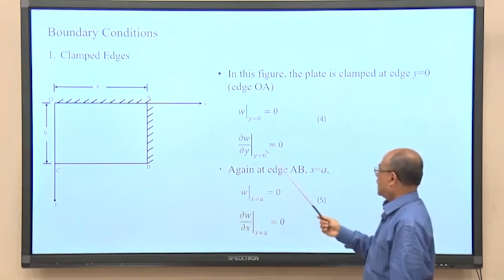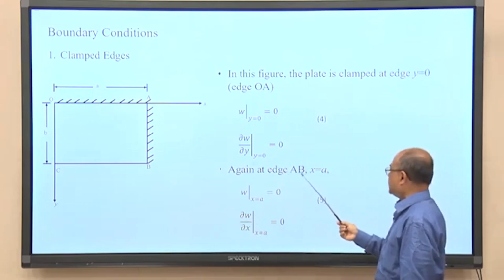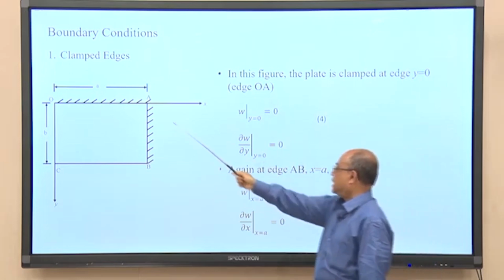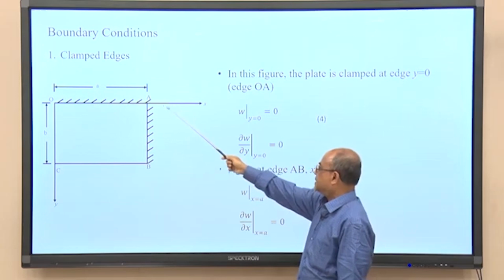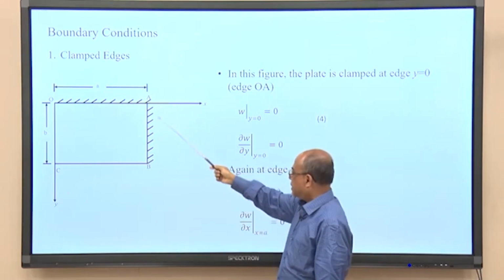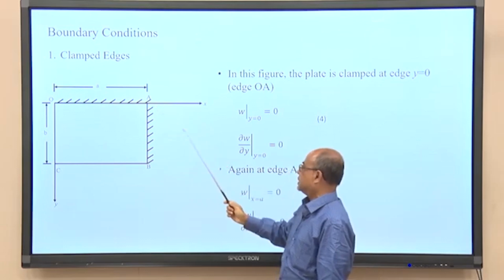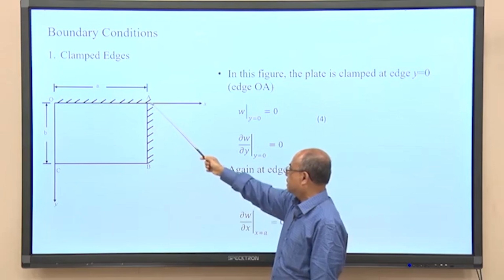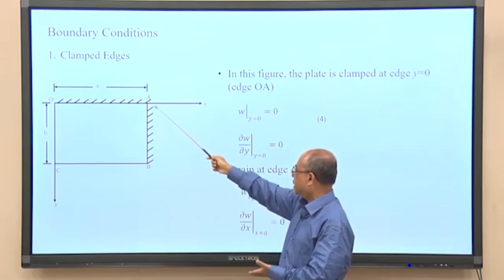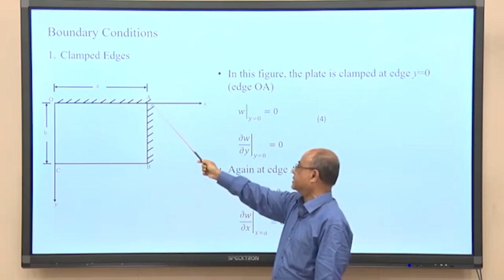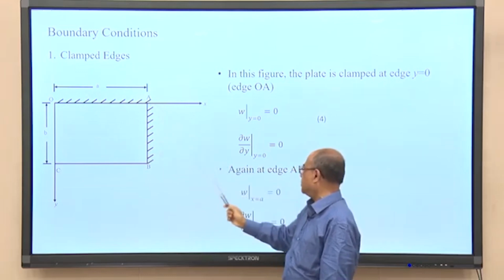Okay. Again you see at the edge AB, you have to identify what the edge is. At the edge AB, x is a, and this AB is parallel to the y axis. So, any y coordinate on AB will vary from 0 to b, but x is fixed, x is a along AB.